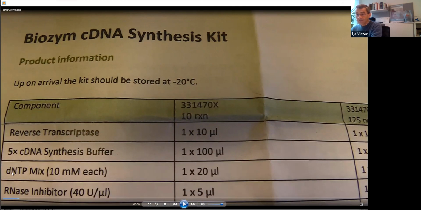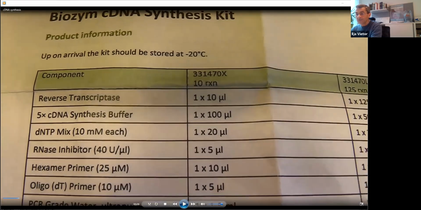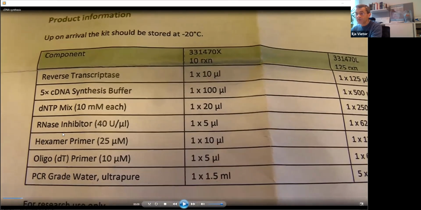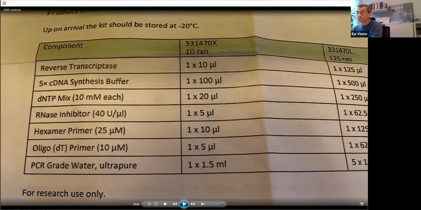Then you have dNTPs, in this case a mixture of all 4, and an RNase inhibitor, which also protects the RNA. Primers: there are 2 options. You can use either hexamer primer, which is less specific but gives a better yield, or oligo-dT primer, which is more specific for mRNA. And the water has to be naturally ultra pure, meaning not containing RNases.